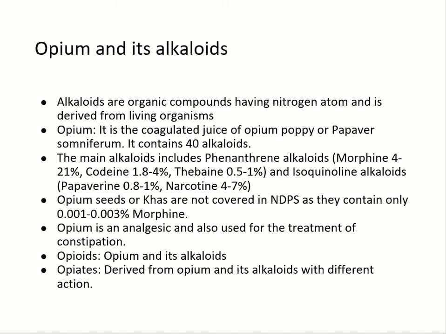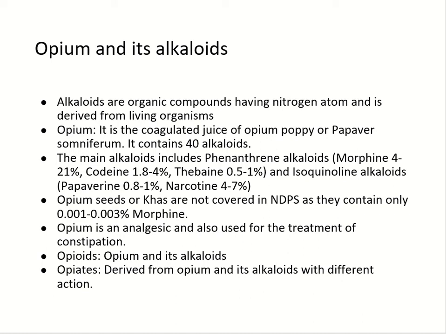Phenanthrene alkaloids are morphine, codeine, and thebaine, whereas isoquinoline alkaloids are papaverine and narcotine. The percentage of these alkaloids are: morphine 4 to 21%, codeine 1.8 to 4%, thebaine 0.5 to 1%, papaverine 0.8 to 1%, and narcotine 4 to 7%.